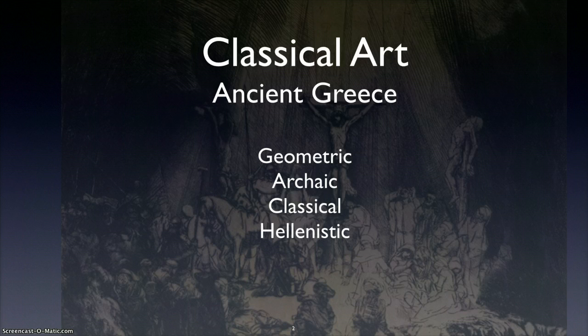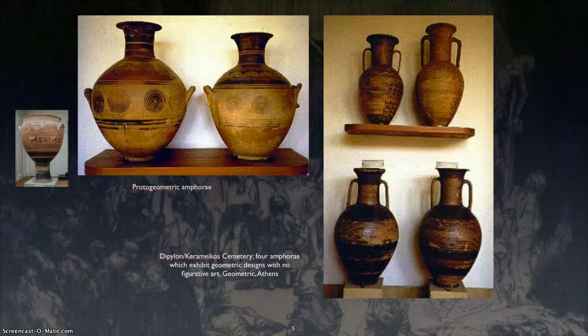You can divide up the ancient Greek art periods into 4 different periods: geometric, archaic, classical, Hellenistic. We'll really be spending our time on archaic, classical, and Hellenistic. But I'll show you just a couple pieces of geometric.